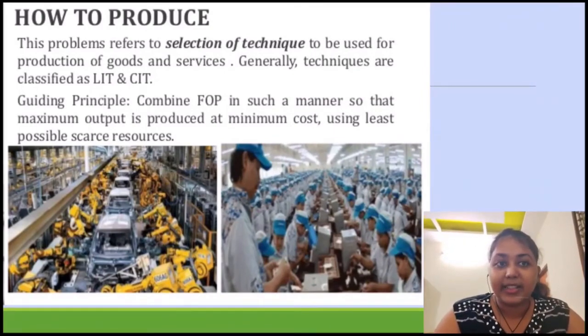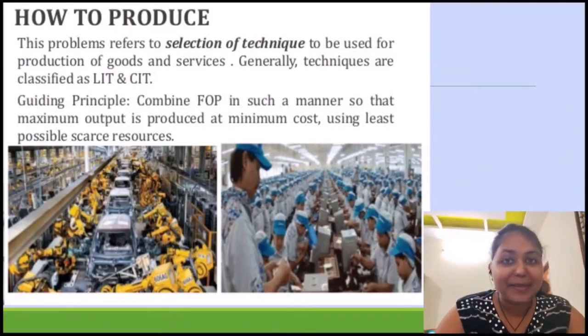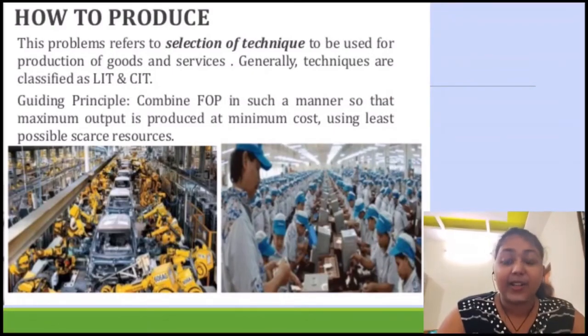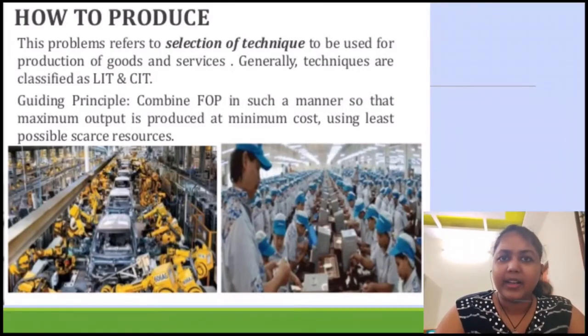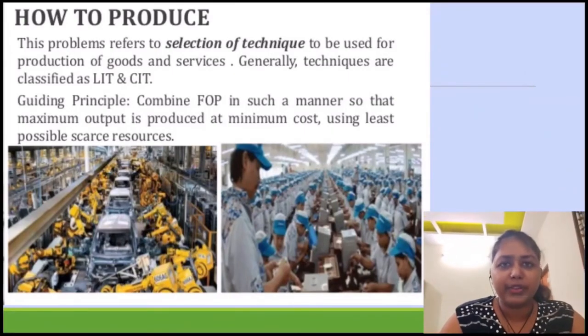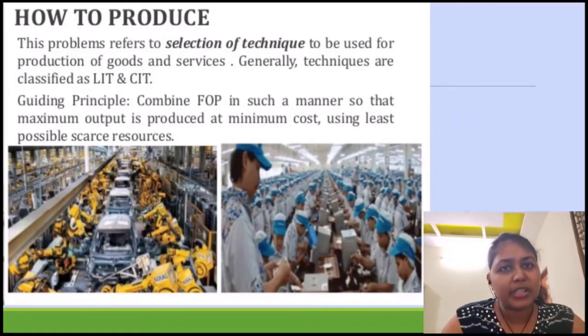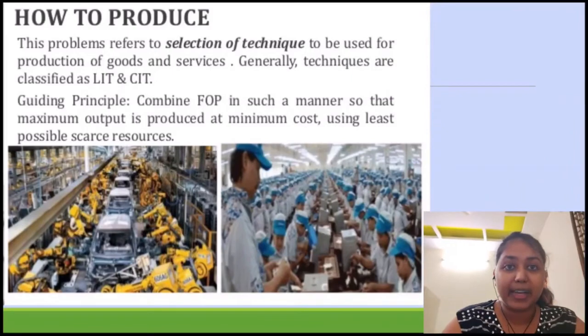The next one has a lot of people, and that is LIT, the labor intensive technique. According to what the economy has, like in China, there is a combination of both. They use machines along with people. They need to maintain that balance.